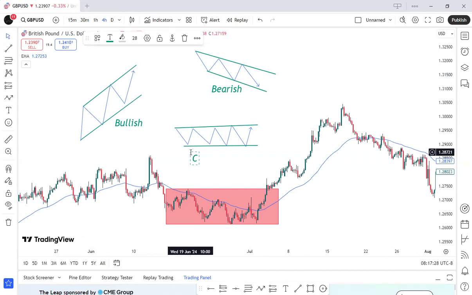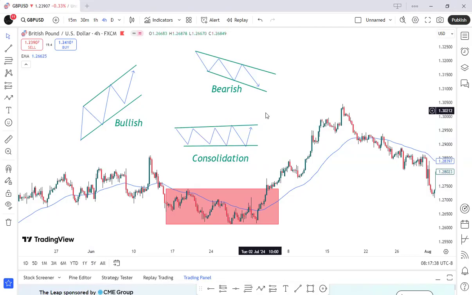Price is consolidating. So these are the three phases of the market. Whichever way it breaks out, that is where you enter, buying and selling within the trend line. This is bullish, this is bearish, this is consolidation. So what I just showed you is the three market structures that we have in trading: consolidation, bearish, bullish.